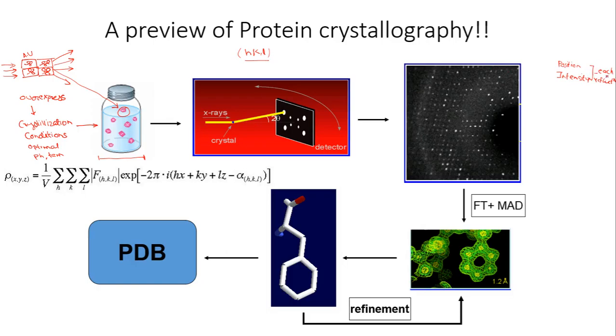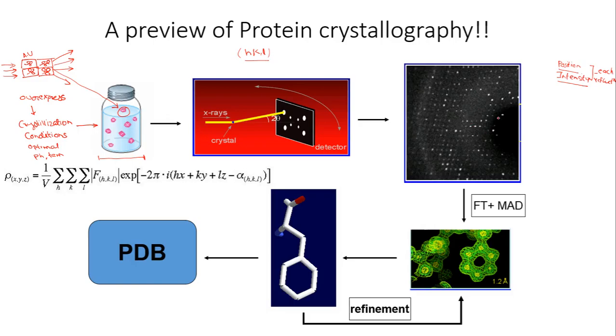Each reflection will have its own position and its own intensity. This is the data that you have once you have exposed your crystals to X-rays, and the job of the crystallographer is finished over here. This is what you have seen in most biochemistry books: a detector screenshot showing how many spots there are and what the intensity of each spot is.